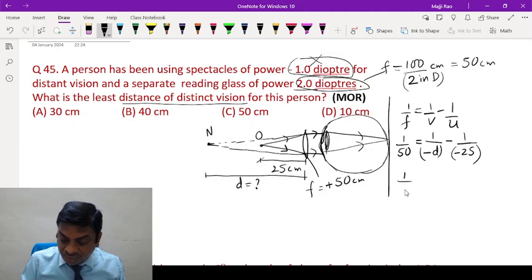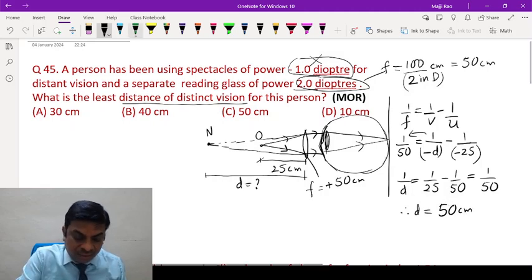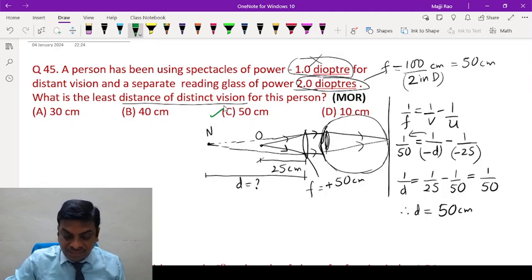Therefore if I bring 1 by d this side, then I'll have 1 by 25 minus 1 by 50. So this will be 1 by 50. Therefore d is equal to 50 centimeters. So the correct answer is the C option, 50 cm.